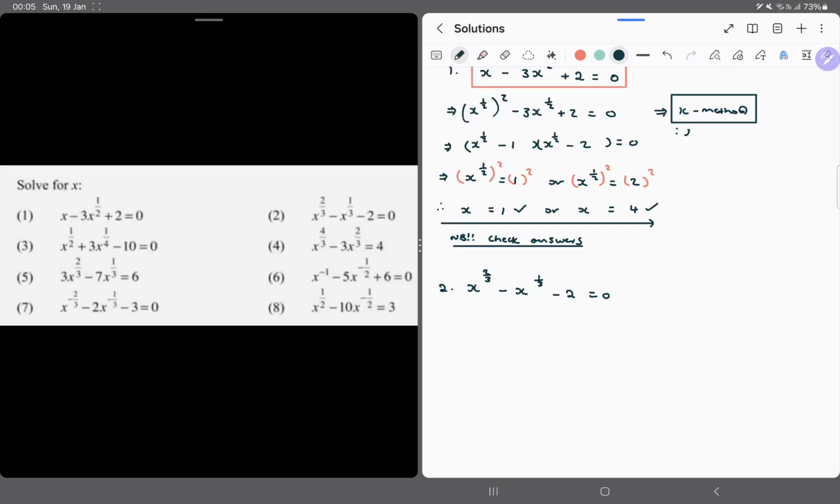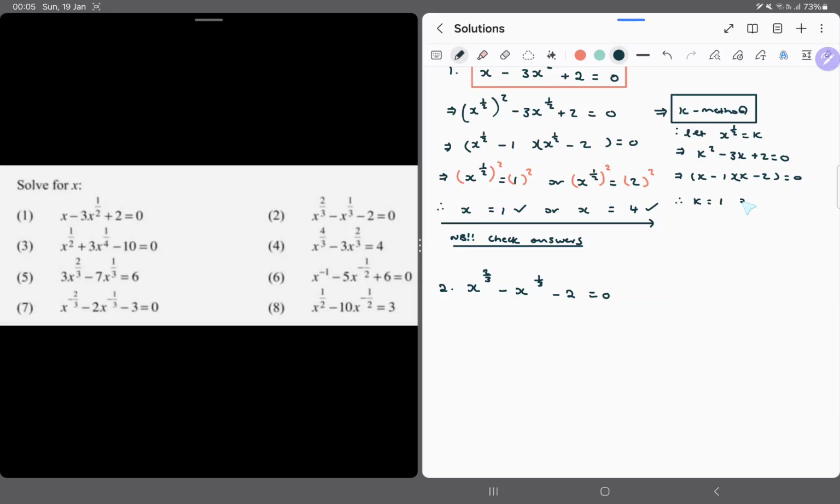So how this one works, we just let x to the half equal k, and that means we replace with k everything. So this would then imply that we have k squared minus 3k plus 2 equal to 0. Now this makes it easier to factorize. So this is k minus 2, k minus 1.